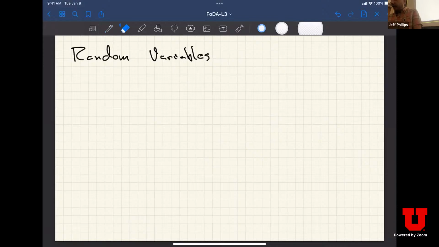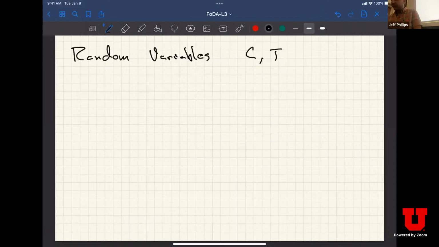We're going to talk a little bit more today about joint probabilities and conditional and marginal probabilities. One way to think about this is a probability table, and this works when you have discrete random variables.